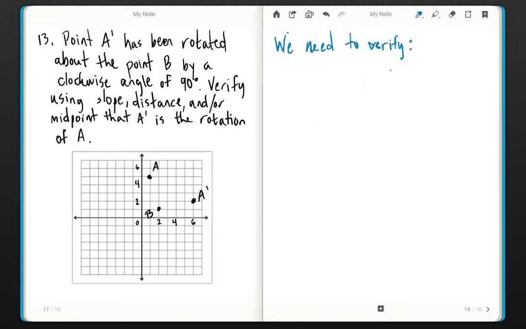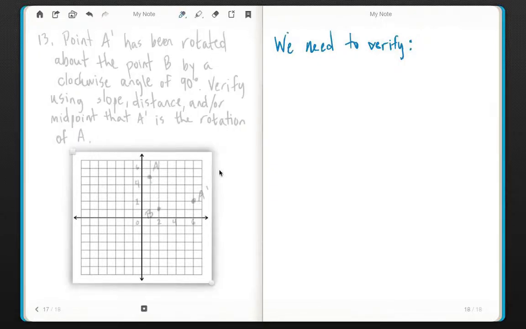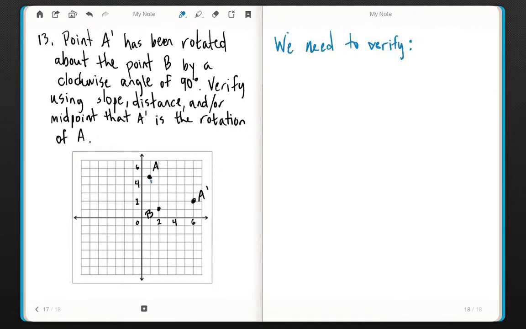As an example, if we look at the lines made by connecting A to B and B to the transformed point A, if it's a 90-degree rotation, that clearly is a 90-degree angle.